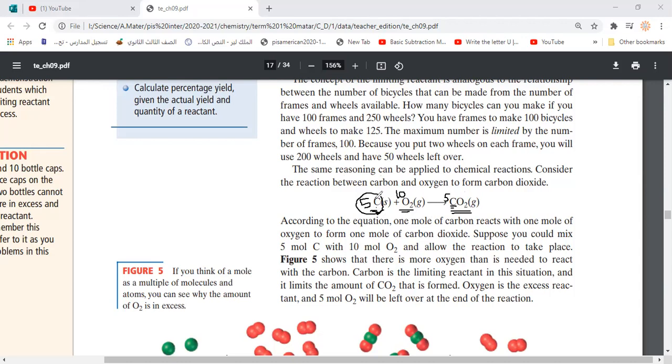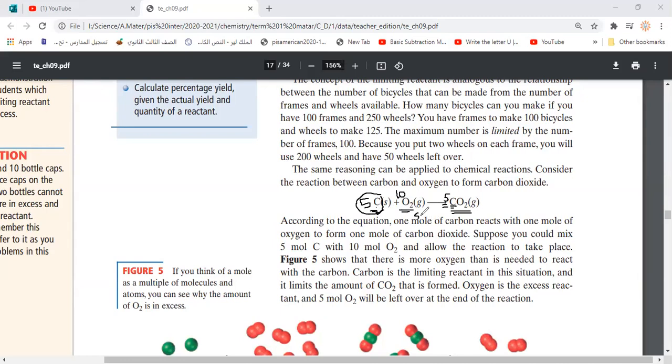So like this, if you are in the lab and you mix 5 moles of carbon with 10 moles of oxygen, the total amount of carbon dioxide that you will receive is 5 moles. Yes or no? So this limiting one is the limiting reactant. That means in the beaker or whatever container you make the reaction in, you are going to receive 5 moles of carbon dioxide, and you are still going to have 5 moles of oxygen that doesn't react. You get the idea?